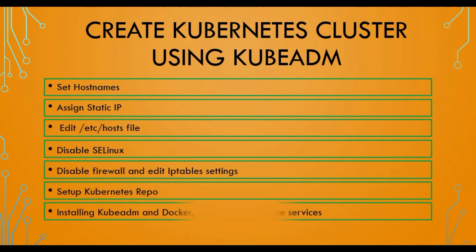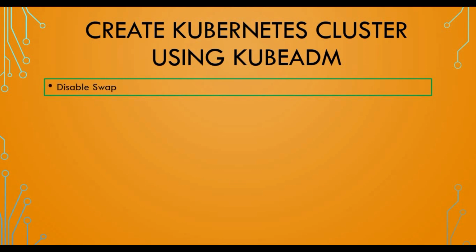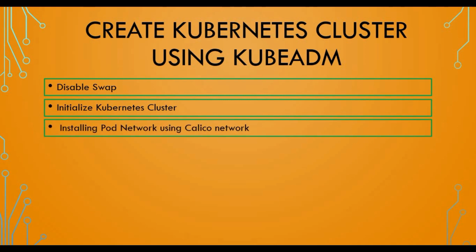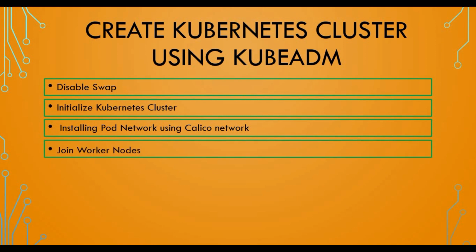We set up the Kubernetes repo, installed kubeadm and Docker, and enabled the kubelet and Docker services. We also disabled swap, initialized the Kubernetes cluster, and copied the command to join the worker nodes. We installed the pod network using the Calico network, and then we joined our worker nodes. So overall, this is everything we did.